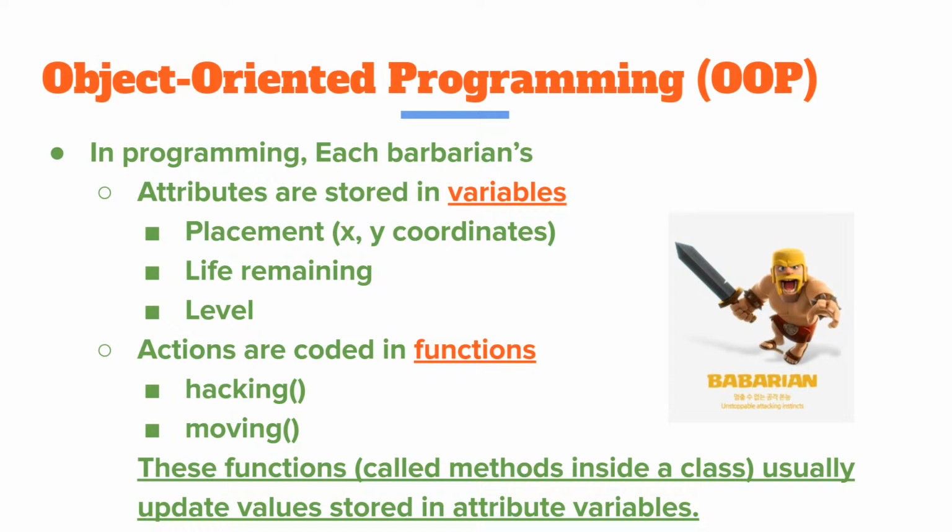Now I'm going to use a word called methods. All these actions are actually coded into methods. They are not functions. The reason for this is that when looking at a method and a function by itself, they look exactly the same, and the reason is they are exactly the same, except for one thing.